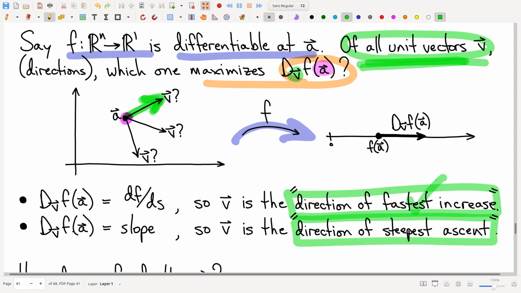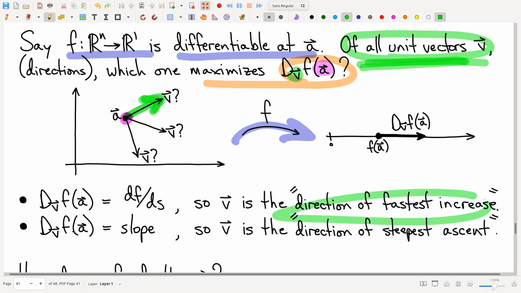But for whatever it's worth, the rest of the world prefers the term steepest ascent. Again, I think that's unfortunate, but that is what it is. So be prepared. In my class, you're going to hear me say this, and once you leave this class, you're going to hear the other. Okay. Does that make sense to everybody? Are we all good? Okay.